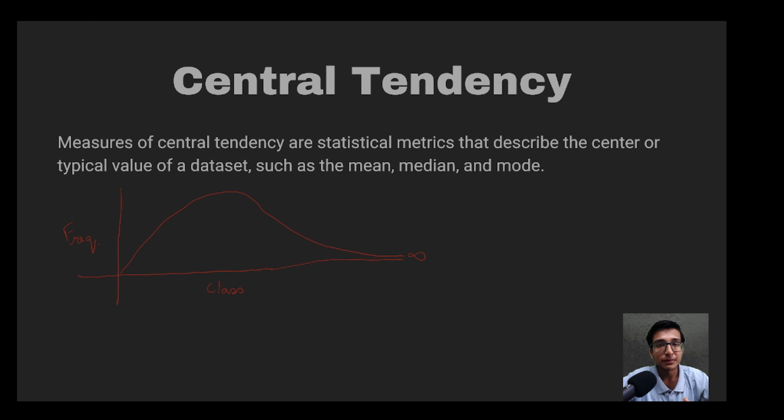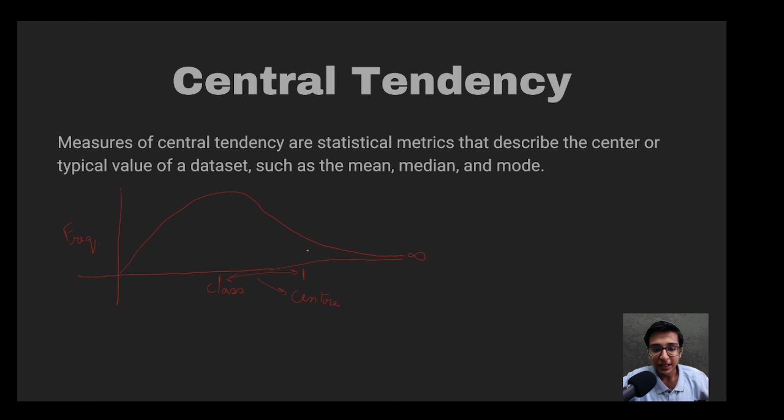So there are three parameters, again mean, median and mode, through which we can understand what this data set exactly is all about. Measures of central tendency means these three metrics would lie somewhere around the center of this graph or data set. For example, somewhere from here till here can be considered the center of the graph.